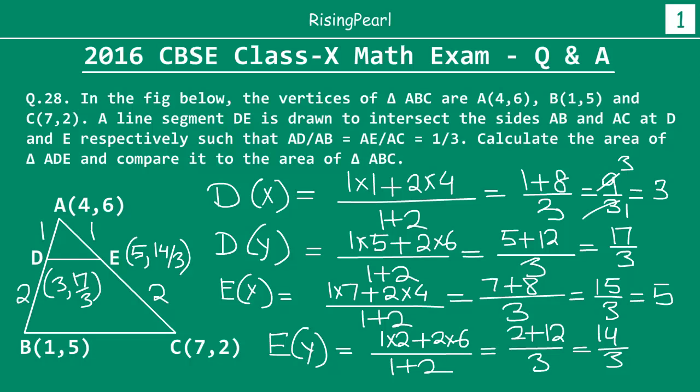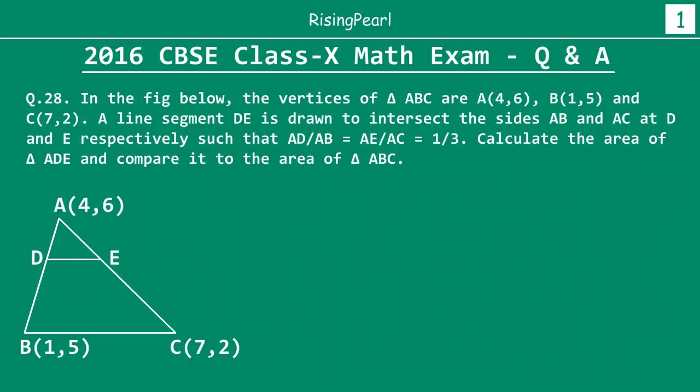Now let's give ourselves a little more space, and calculate the area. Let's write the point coordinates again: D is 3 comma 17 by 3, and E is 5 comma 14 by 3. Now we are going to find the area of triangle ADE.